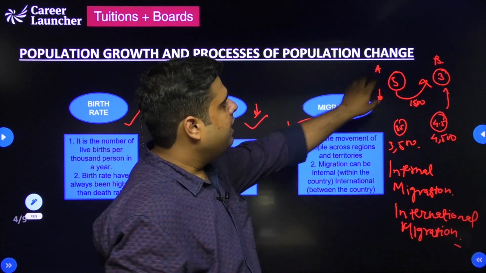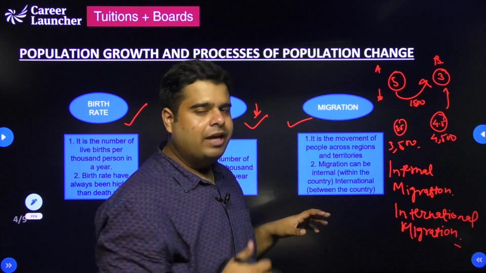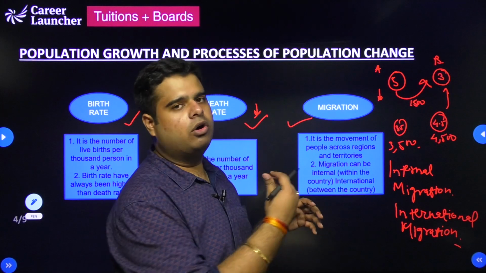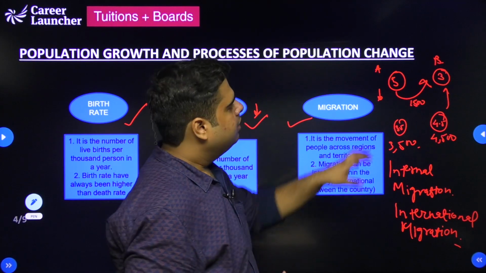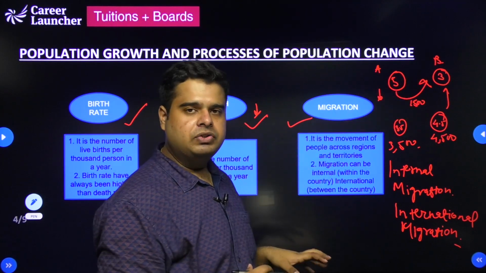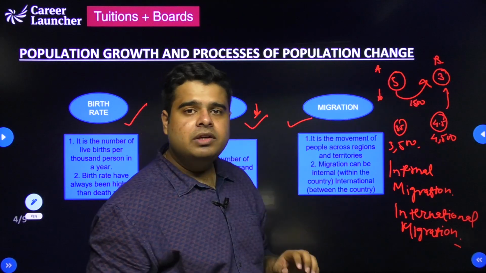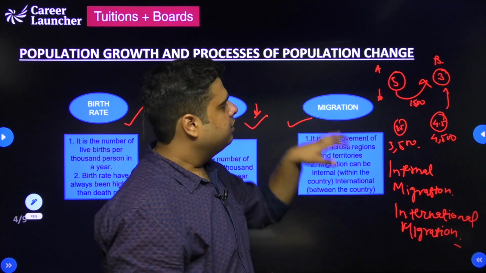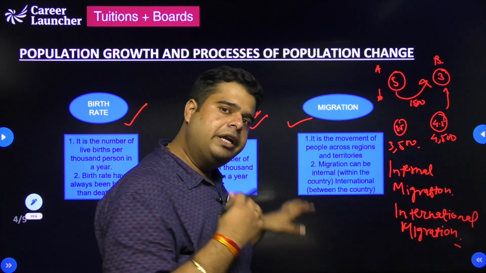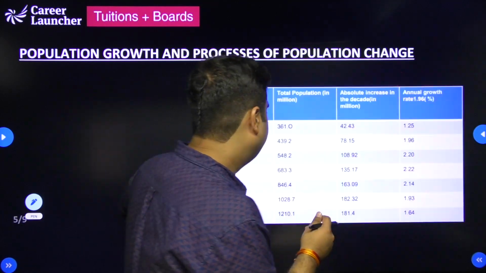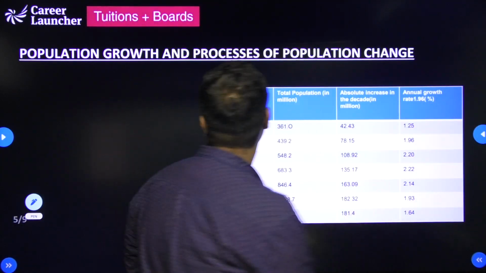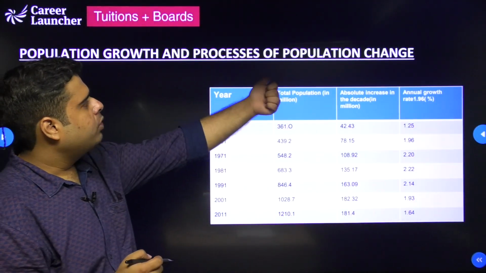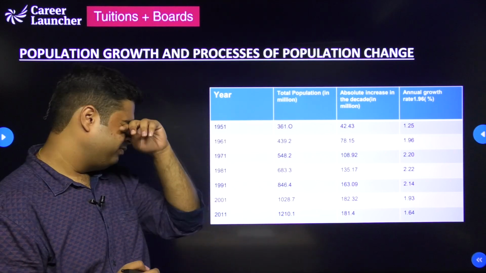So if A and B are two states of India, like Uttar Pradesh, Haryana, Maharashtra or Telangana, it is internal migration. But if A and B are two countries like India and the United States, it is called international migration.